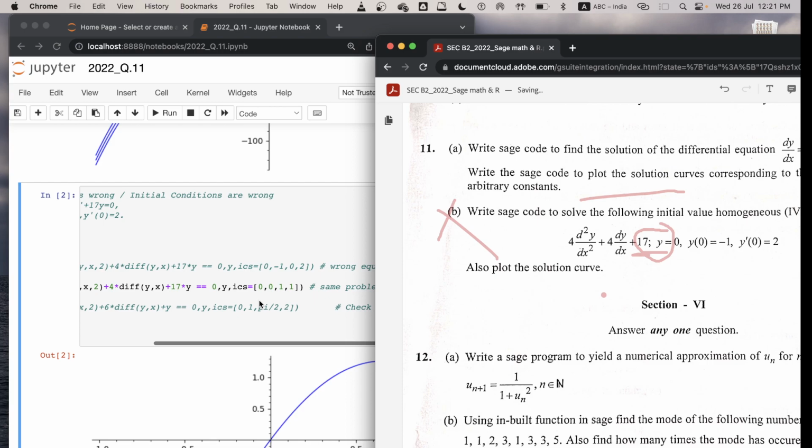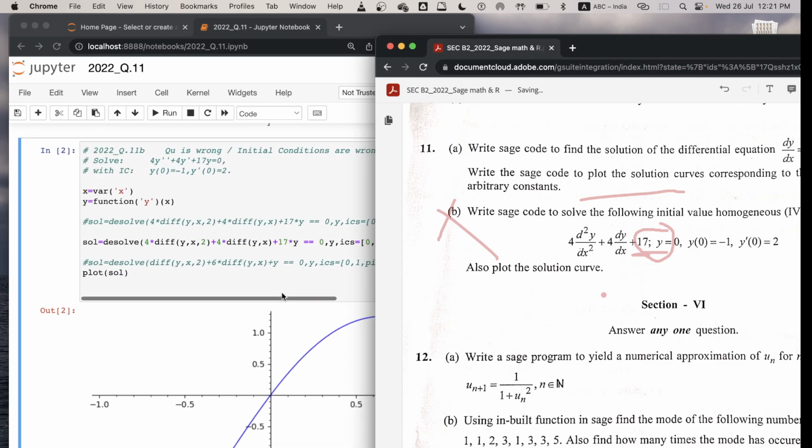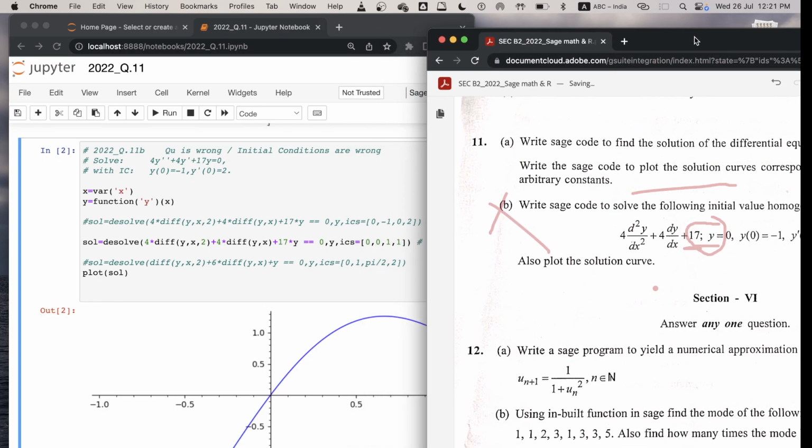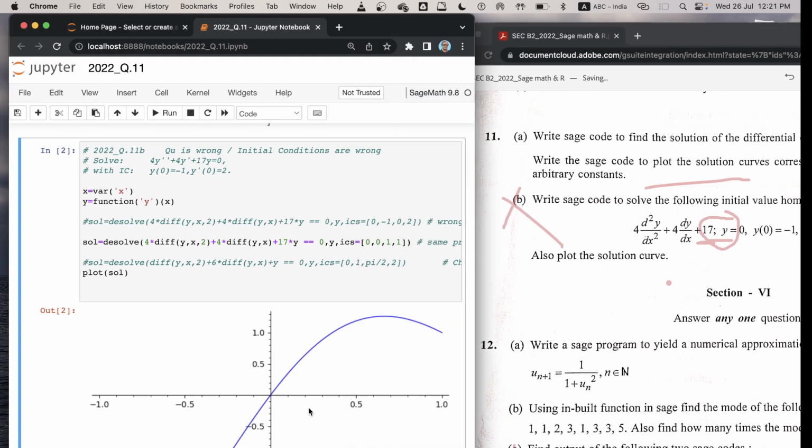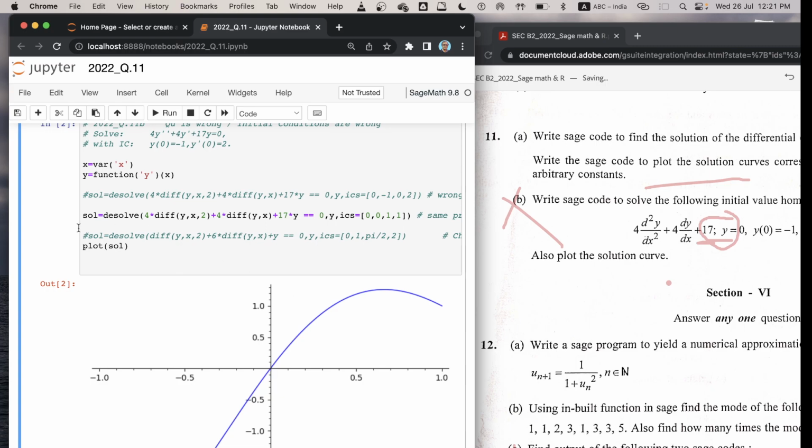If we change this initial condition and run plot solution, you get the solution curve.